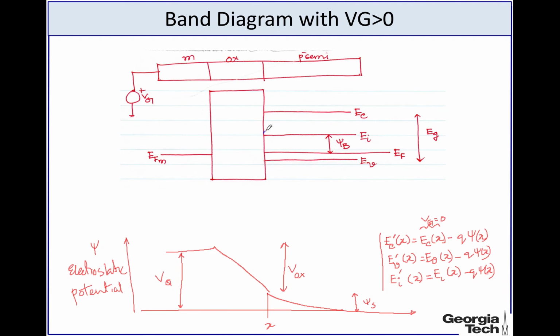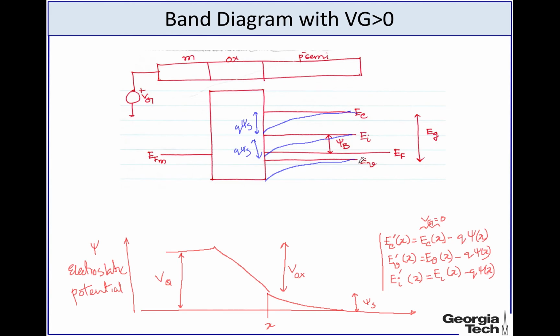The EC will look something like this, and this much is Q psi S. Similarly, EI will change, and this gap will again be equal to Q psi S, and similarly the EV will change like this. Alright, so this is the new band diagram in the semiconductor region.